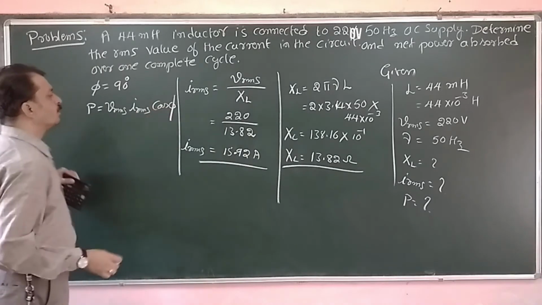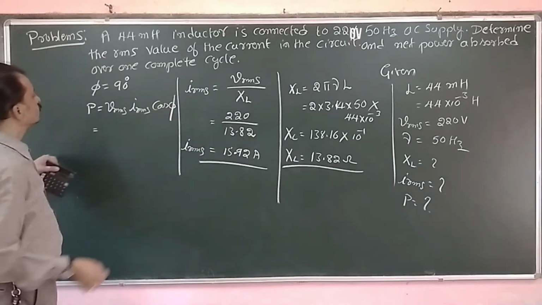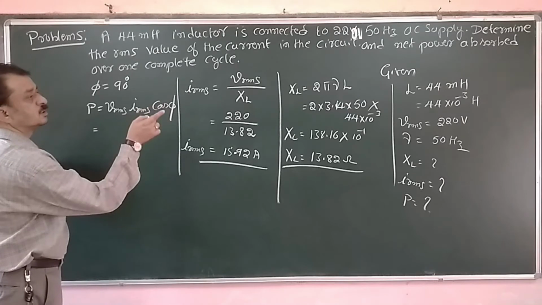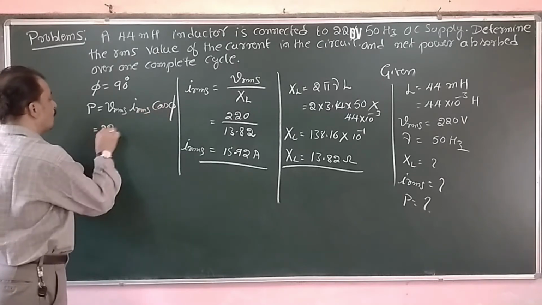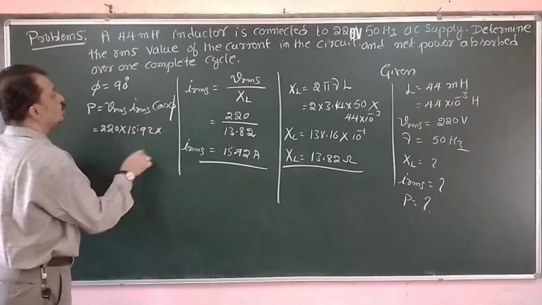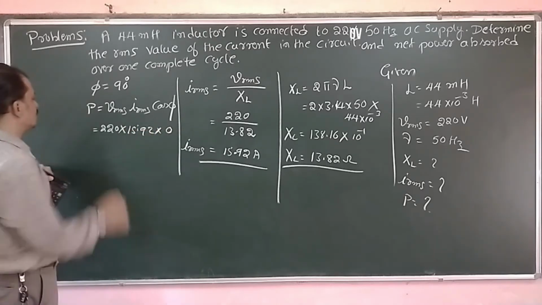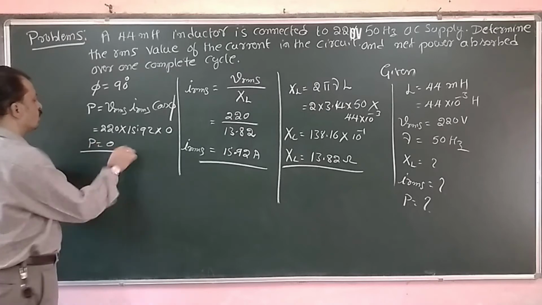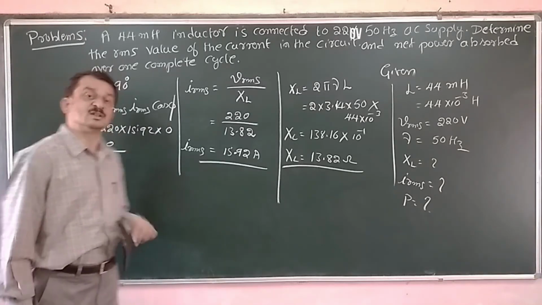That is the power factor we have called. So VRMS, that is 220, IRMS 15.92, cos 90, that is 0. Therefore, power dissipation over one complete cycle is 0.